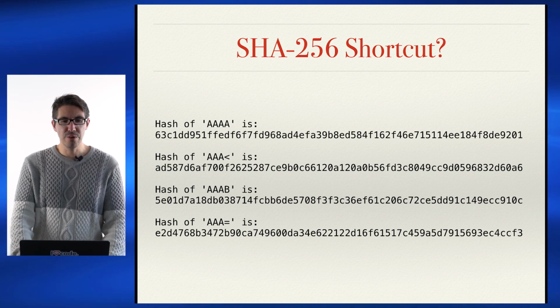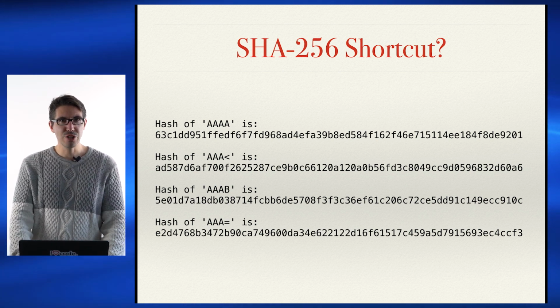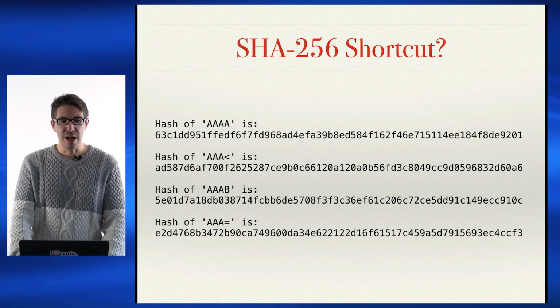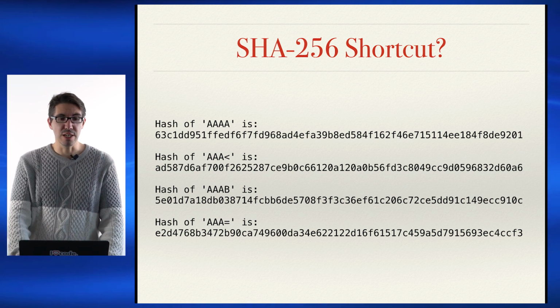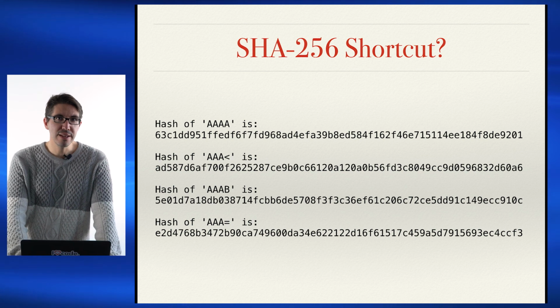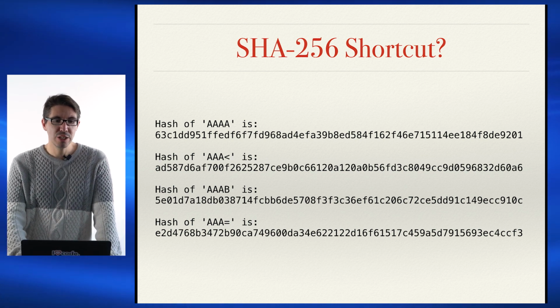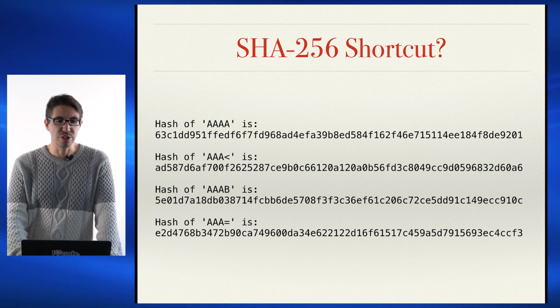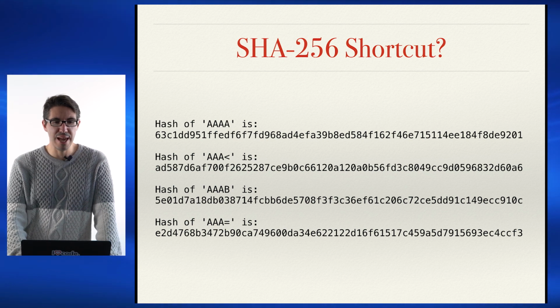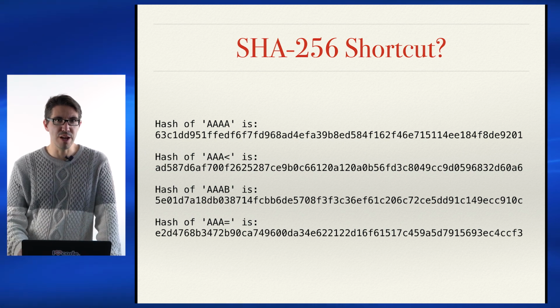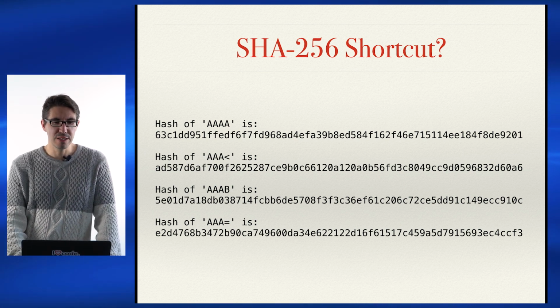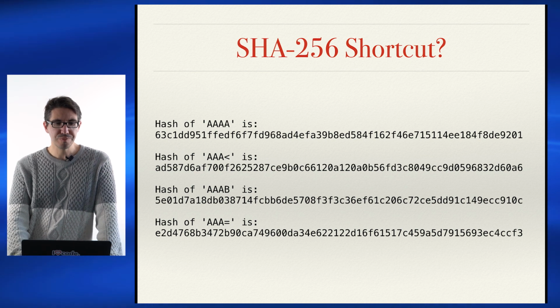So you can see here, for instance, a hash of AAAA is 63C... And unlike BadHash, look at the next hash function result, AAA less than sign. This changes the result of the output dramatically. It's not just moved up or down a little bit. It is changed very dramatically.